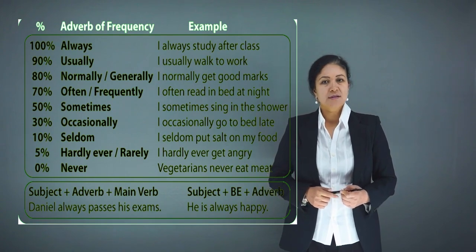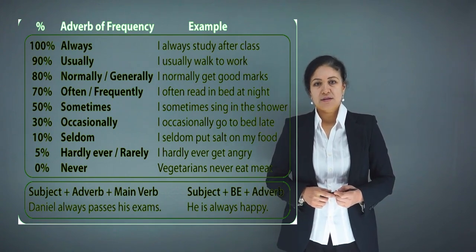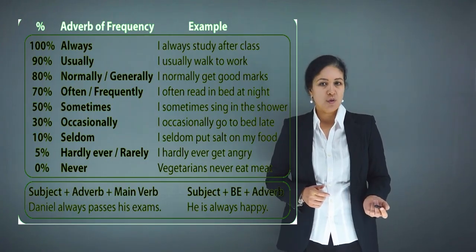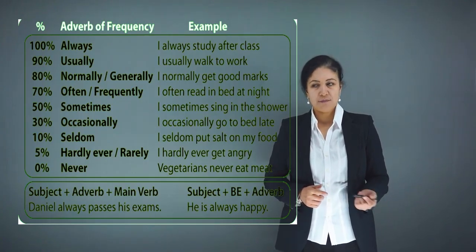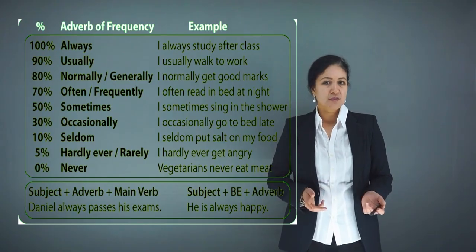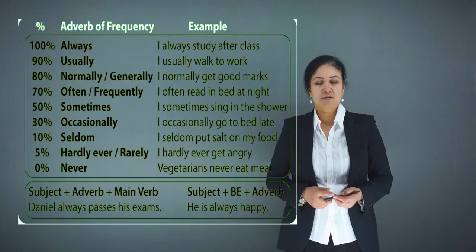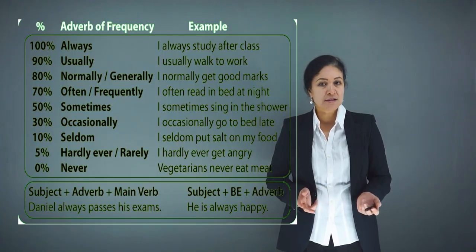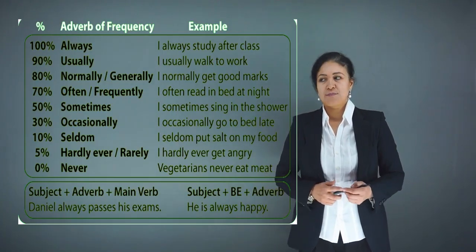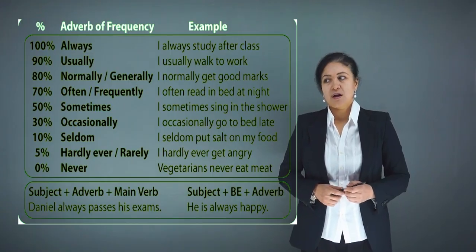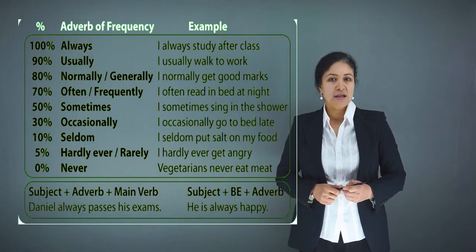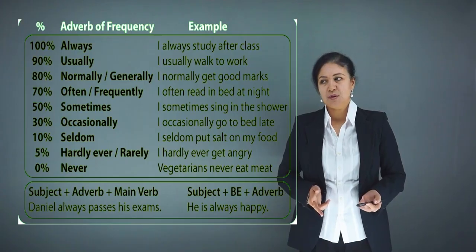Next, seldom, 10%. I seldom put salt on my food. It means once in a month or twice in a month or twice in 3 months, like this. Next, hardly ever, rarely, 5%.